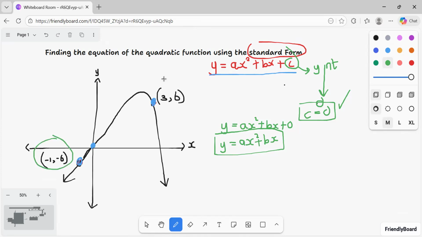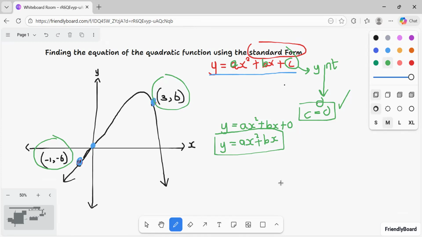When I substitute these 2 points, I'm going to get 2 equations that I'm going to use to solve for my a and also my b. I've already found my c, which is 0, but I haven't found my a or my b. So I need to find my a and my b.